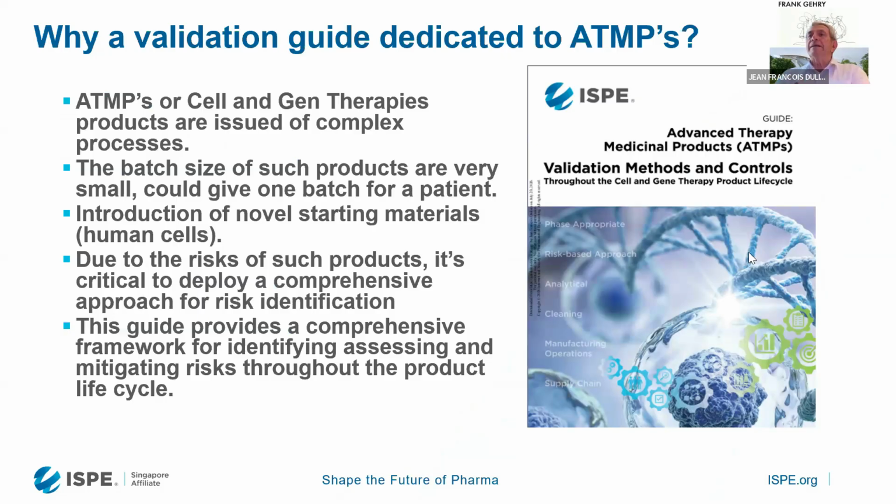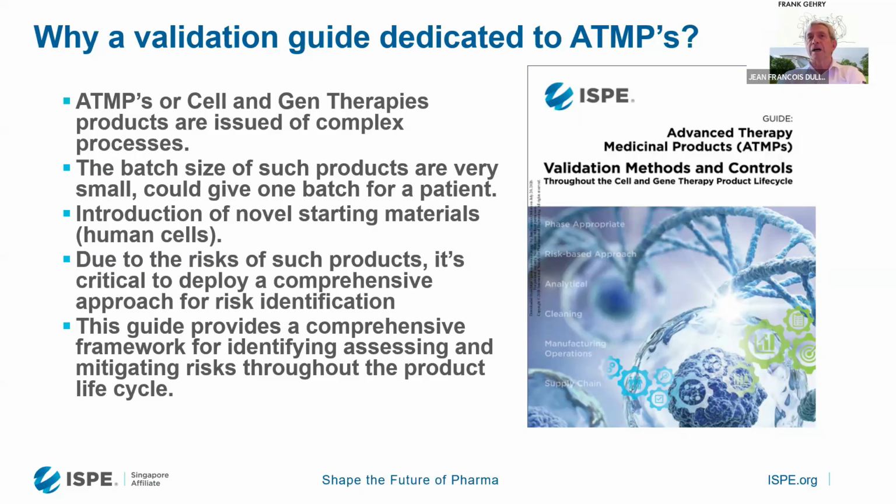So why do we need a validation guide dedicated to ATMPs? Validation is normally good for every manufactured product. But for ATMPs, as we have cell and gene therapy products that result from complex processes, the batch size is very variable.